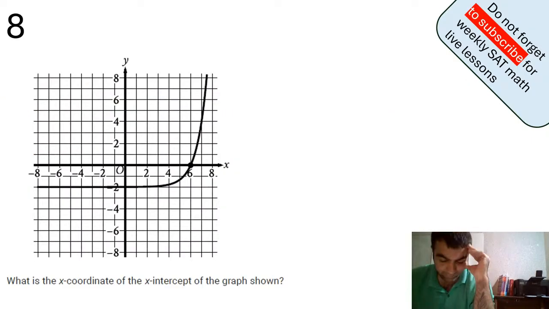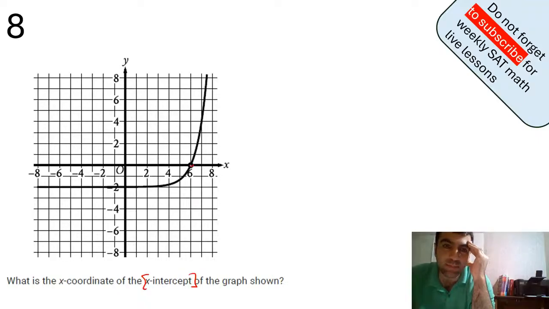Next question. What is the x-coordinate of the x-intercept of the graph shown? Mr. Shahin says 6. X-intercept is the important point here.